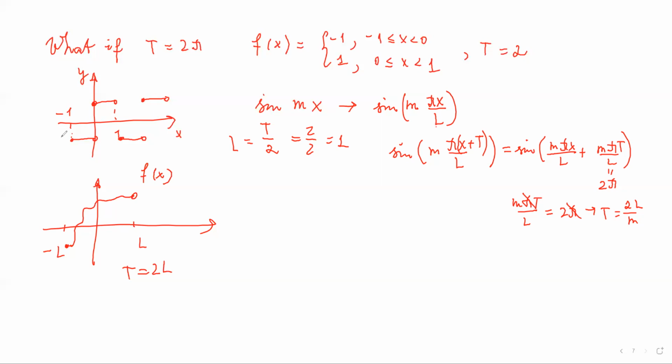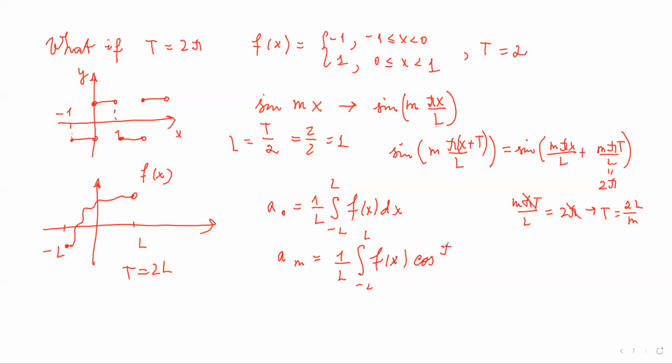Just the period is 2L. So the formulas are going to look like this. Well, it's 1 over L from negative L to L. Guess what, if you look at what I did, I just put L instead of pi everywhere. It was 1 over pi, now it's 1 over L. And the limits of integration were from negative pi to pi, now from negative L to L. Maybe this way it's going to be more understandable.